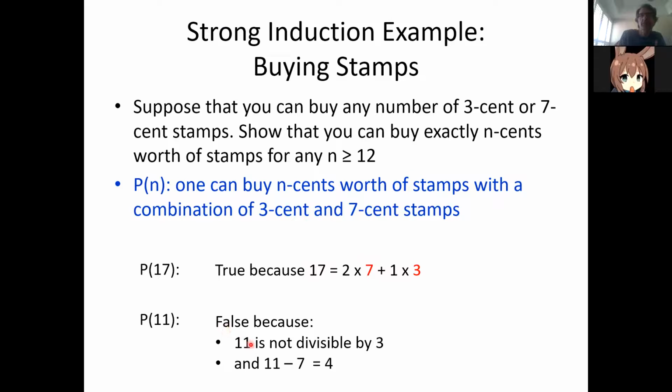No, because I cannot express this as a multiple of 3 directly. So I have to use a 7-cent stamp. But if I do use a 7-cent stamp, then the rest is 4, and it's clearly not expressible by either 7 or 3-cent stamps. But somehow from 12 on, it does work.